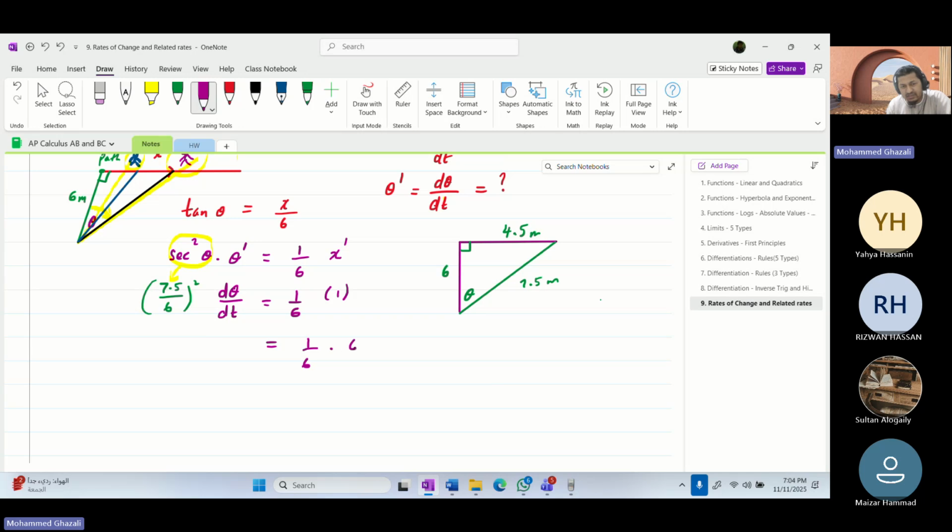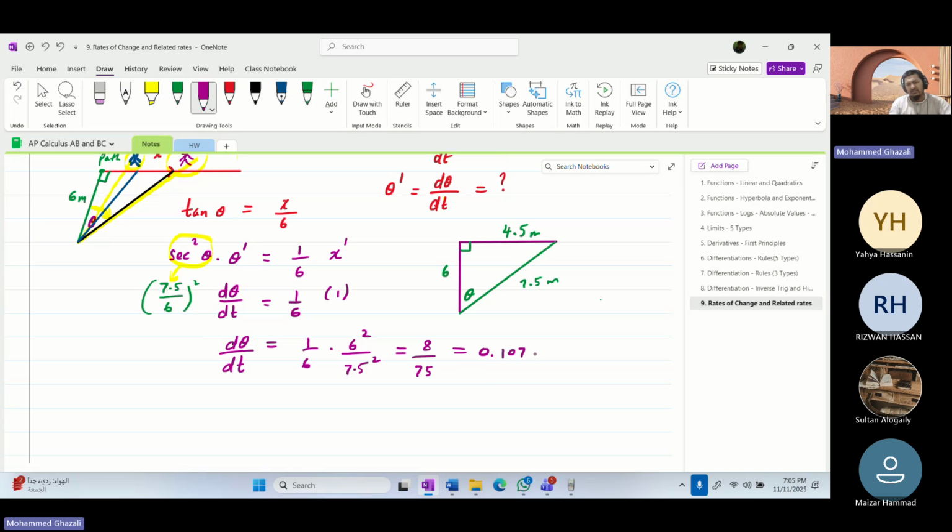That is the same as multiplying by 6 squared over 7.5 squared. You'd get 8 over 75. d theta over dt is 8 over 75. Give me that in decimal point. 0.10666..., okay, just 0.107.